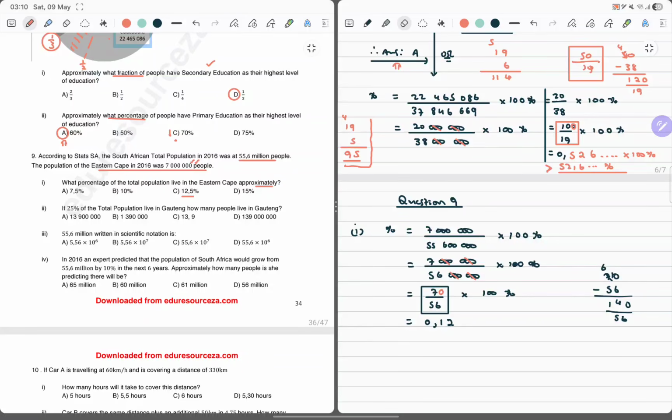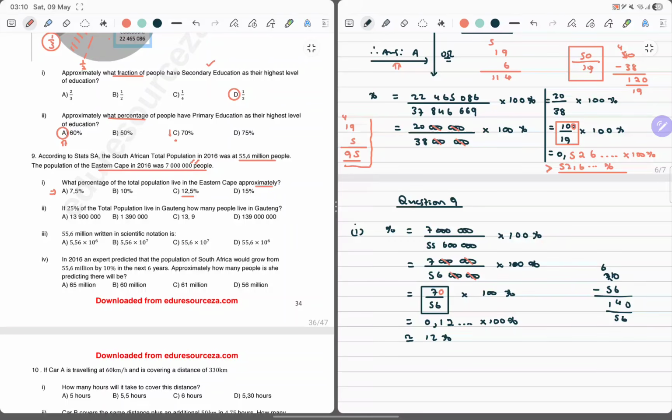Now we have 0.12. So since we have 0.12, let's not continue, guys. See, multiplying by 100%. Of course, sometimes use the options for thought because you will end up suffering here. So you can say this is approximately 12%. So obviously, what did we do? We made the denominator bigger.